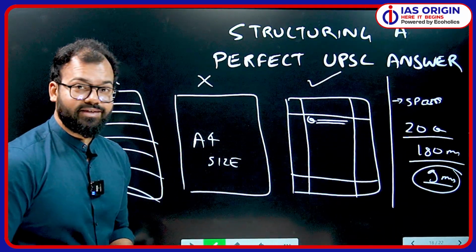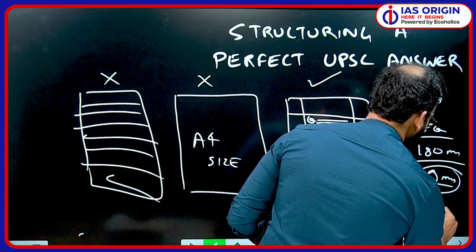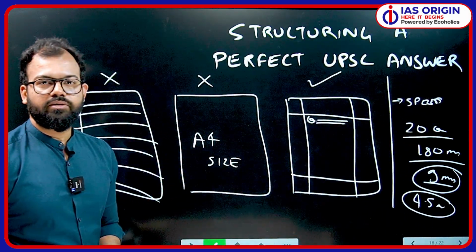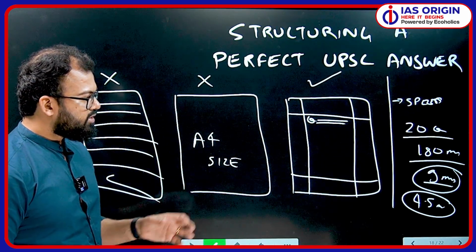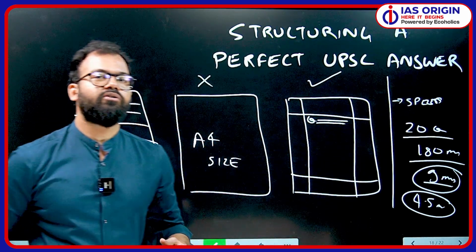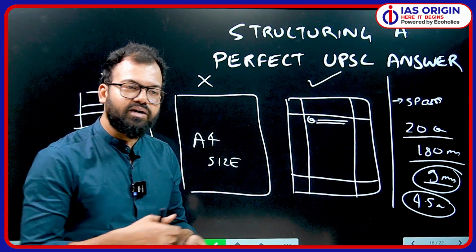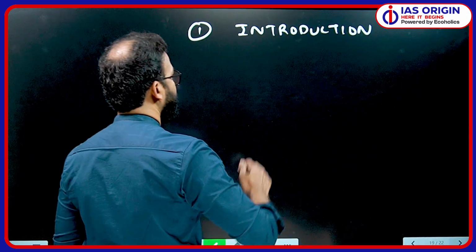It means one answer of 200 words. It means approximately you will get 4.5 minutes to write 1 page, and that 1 page consists of 100 words. So here you can see the speed that you need to develop. You need to read the question, frame your answer and start writing it. So we'll discuss how to do it.